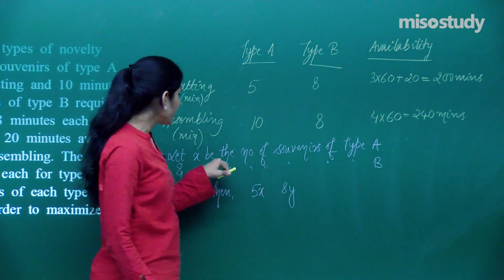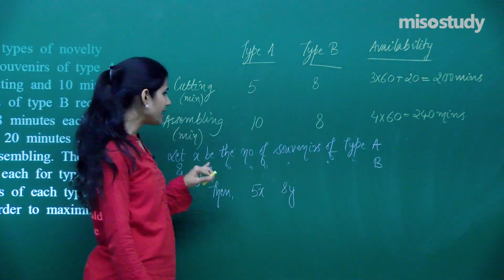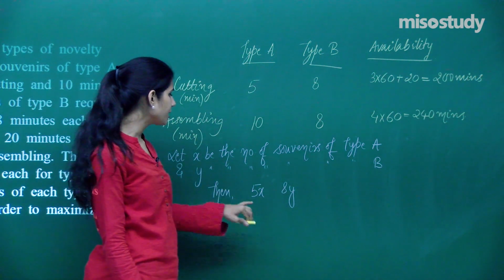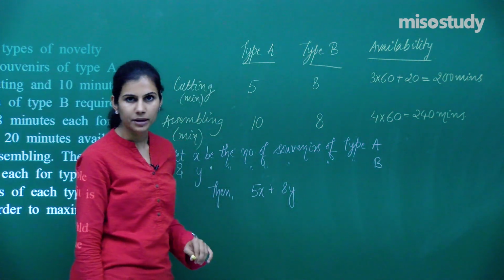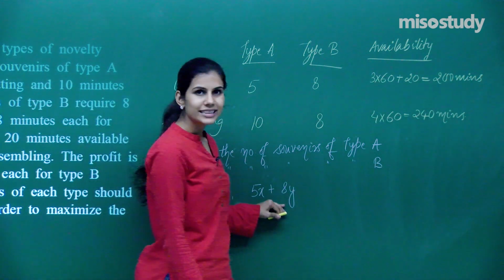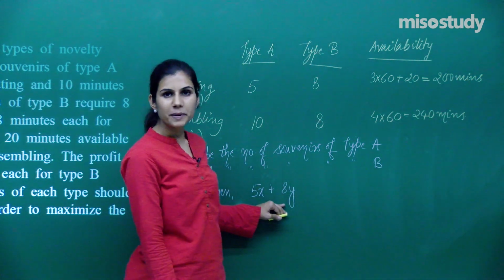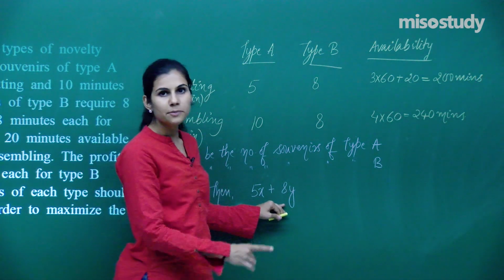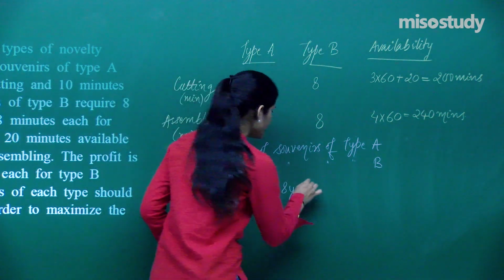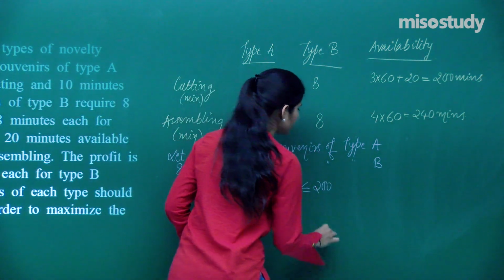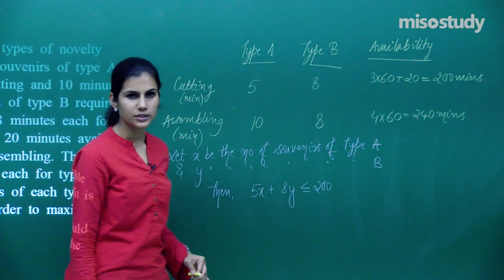That means if I am manufacturing X souvenirs of type A and Y souvenirs of type B, in total I am requiring 5x plus 8y minutes in cutting them. But in total, these minutes spent in cutting should not exceed 200 minutes. So, this should be less than or equal to 200. This is my first constraint.